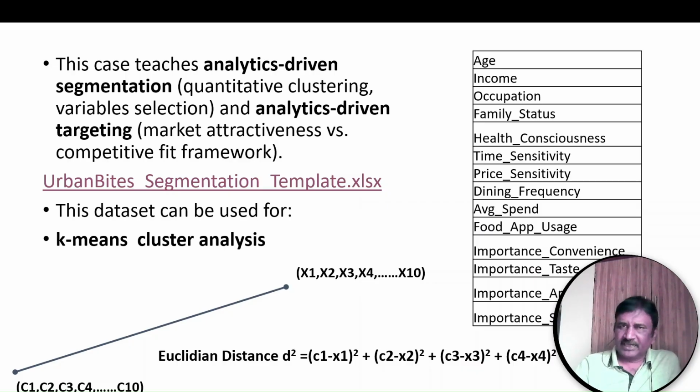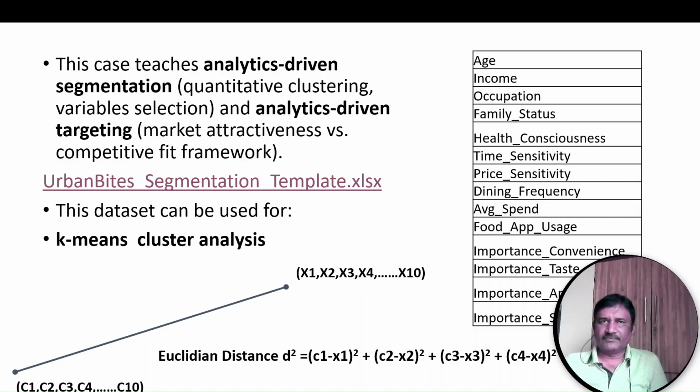If you have categorical variables, then it is possible to convert them to quantitative data like 1 or 0. If you convert the categorical data column into multiple columns, suppose some value for importance to taste is 1, 2, 3, then you can convert this importance to taste column into importance to taste 1, importance to taste 2, and importance to taste 3, like we have seen in the conjoint analysis case, right?